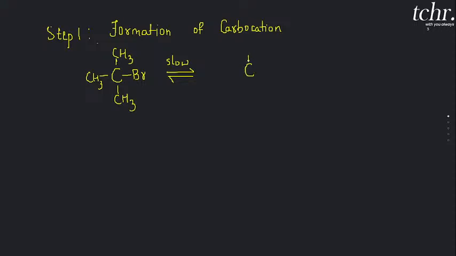The bond between the carbon and bromine is broken very slowly, and when the bond is broken, the bromide ion, which is highly electronegative, goes out as Br minus, whereas the carbon will get a positive charge. Positive charge on the carbon atom.